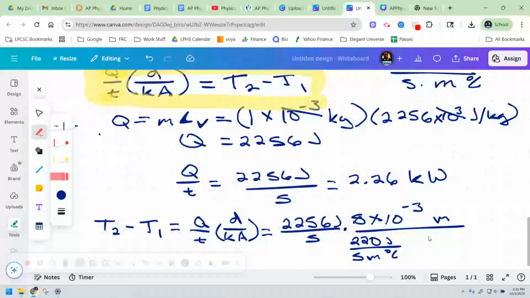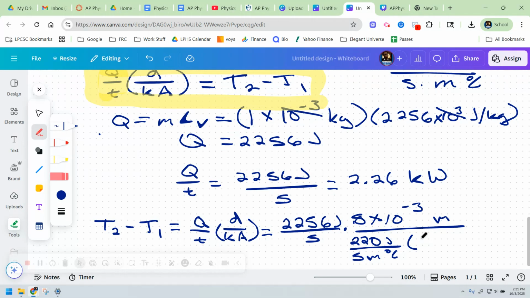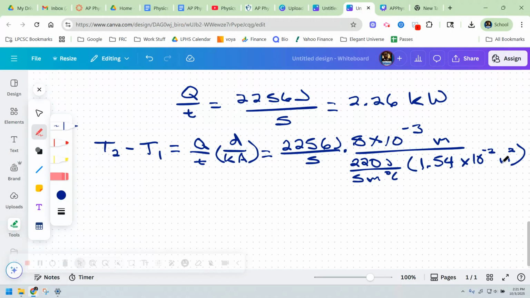And then that's going to be multiplied by 1.54, which is the area which we calculated, 1.54 times 10 to the negative 2 meters squared. Okay? Easy peasy. So if you plug all of that in the calculator, you get 5.33 degrees Celsius. That's the temperature difference.